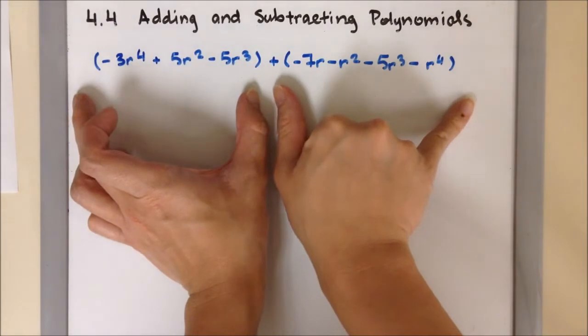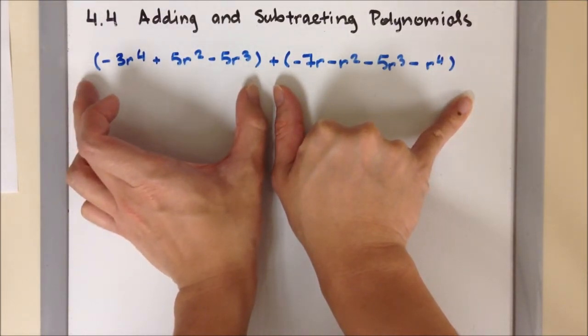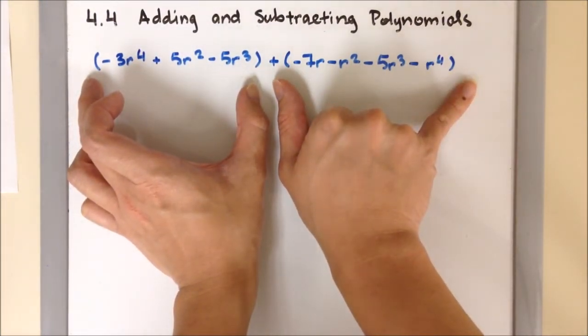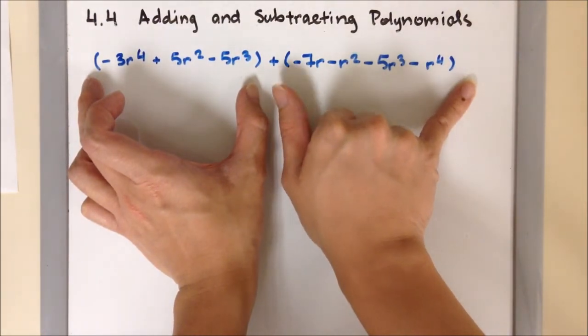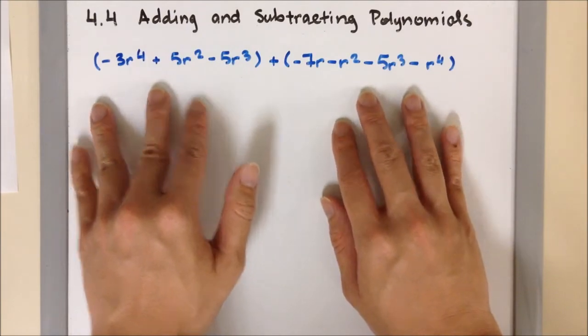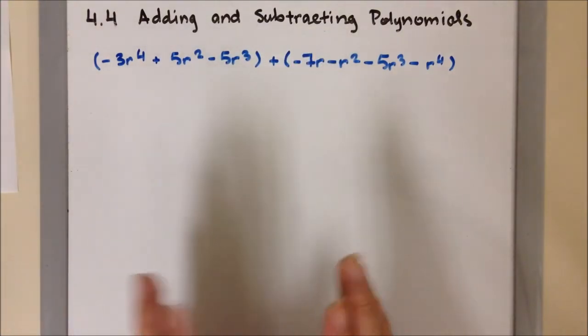If you pay close attention, in the first one we have three terms, a trinomial. In the second set of parentheses, we have more than 3, a polynomial. So it's okay if we have different amounts. The key thing that you need to focus on is combining like terms. So adding and subtracting, you're just simply going to combine like terms.